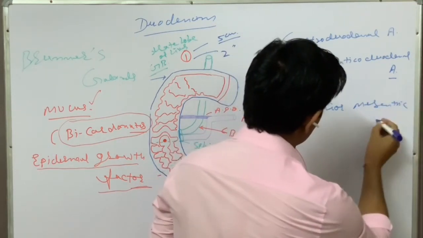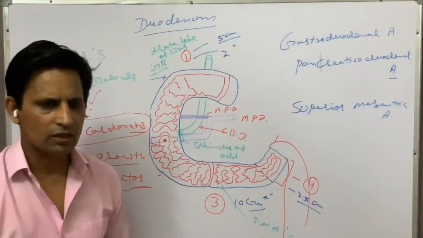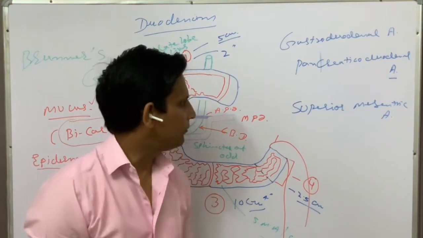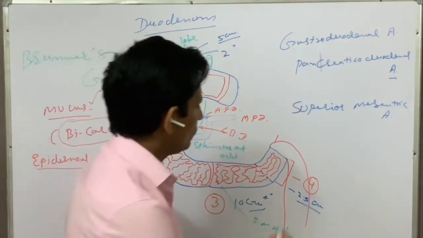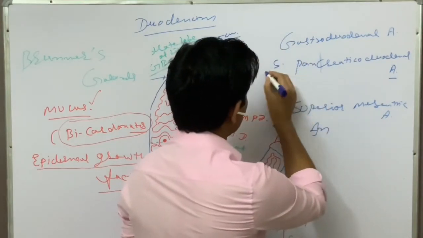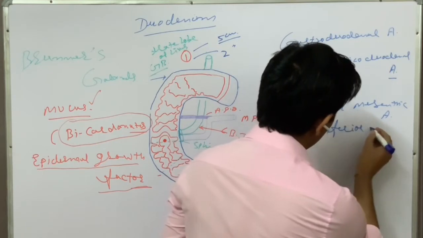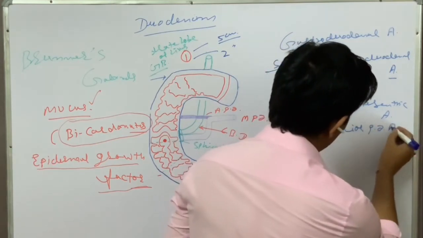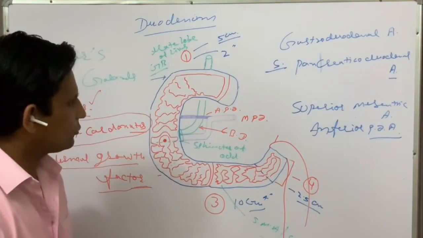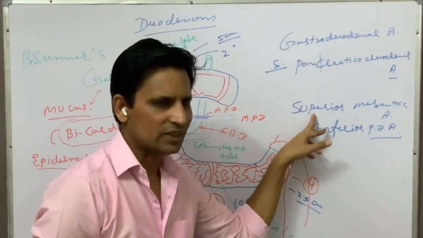That part is supplied by the superior mesenteric artery and the inferior pancreaticoduodenal artery. This was the superior pancreaticoduodenal artery, and this one is the inferior pancreaticoduodenal artery. So there are two main sources. One is the gastroduodenal artery, and the second one is the superior mesenteric artery.